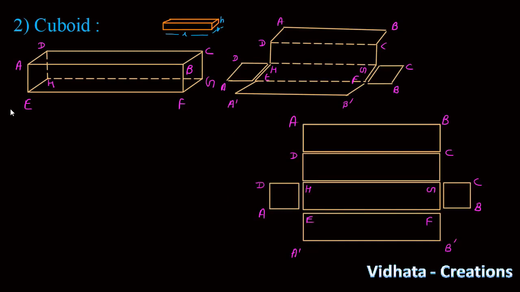Now first of all, in this cuboid, EF, EB, DC, and HG are the long sides, so we call them length.